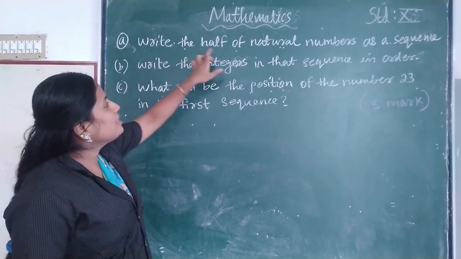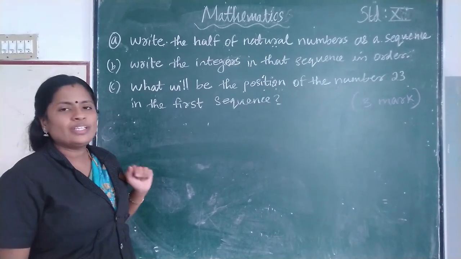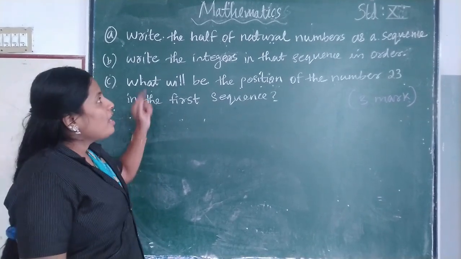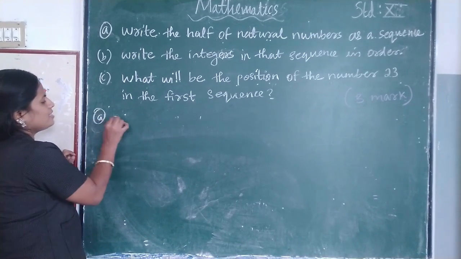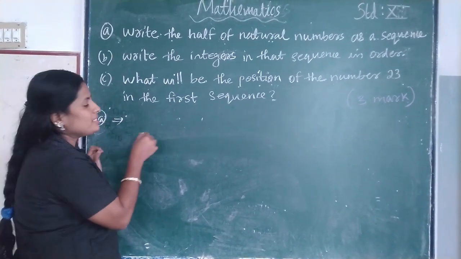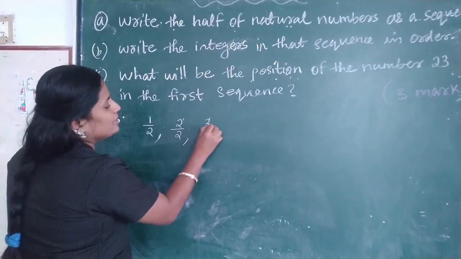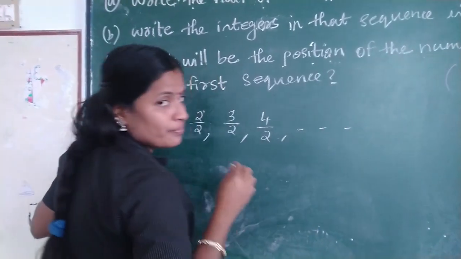Write the half of natural numbers as a sequence. So what are the natural numbers? 1, 2, 3, 4, etc. Half of natural numbers means 1 by 2, 2 by 2, 3 by 2, 4 by 2 and so on.